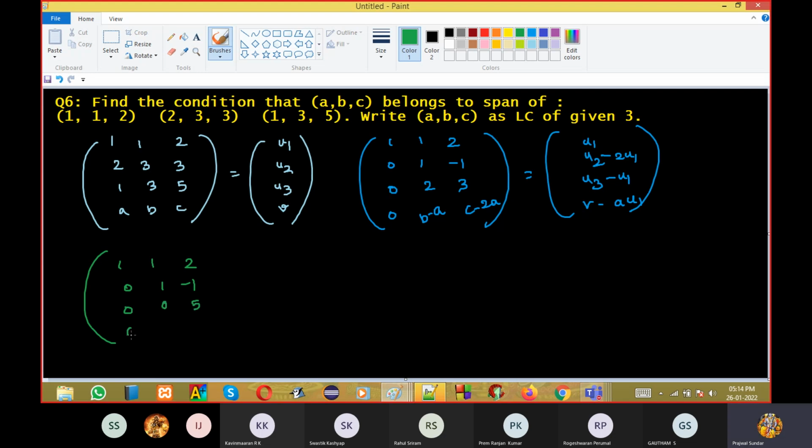So this will be A minus B. I'll write this row operation roughly. I'll keep this row constant, and multiply this row by A minus B, and add both and write the result here. If I'm adding, I'll get 0, 0, minus 3A plus B plus C, equal to whatever U1, U2 minus 2U1, U3 minus.